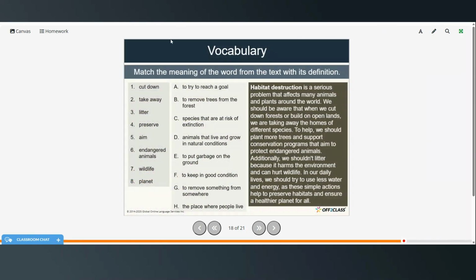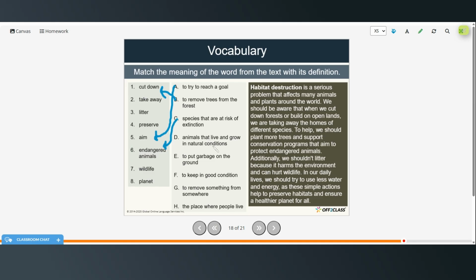All right, now match the meaning of the word from the text with its definition. So to try and reach a goal is to aim. To remove trees from the forest is to cut down. Species that are at risk of extinction would be endangered animals.